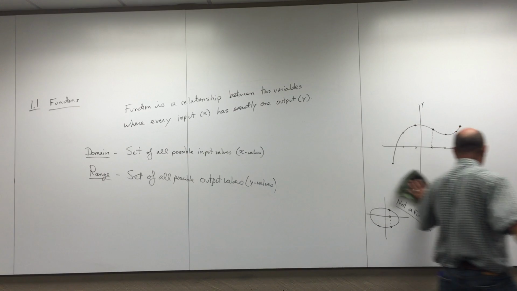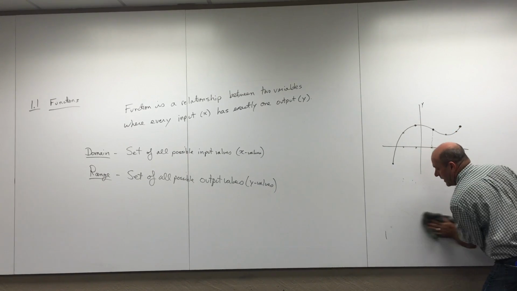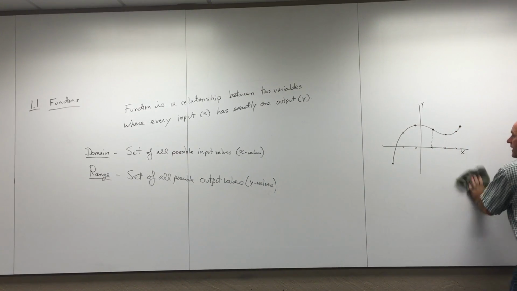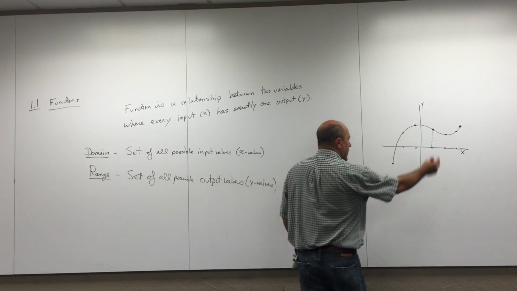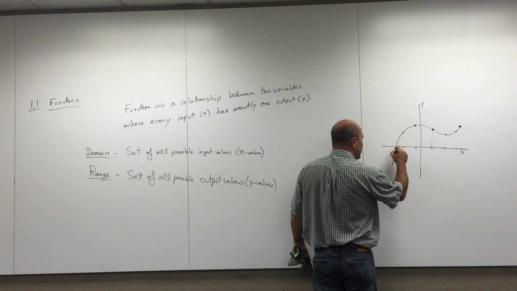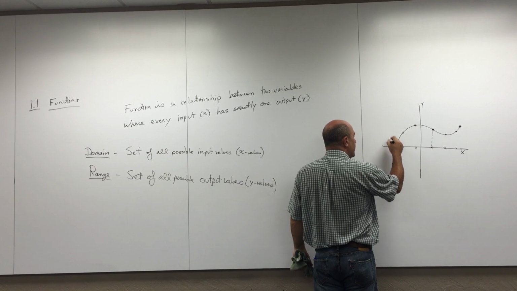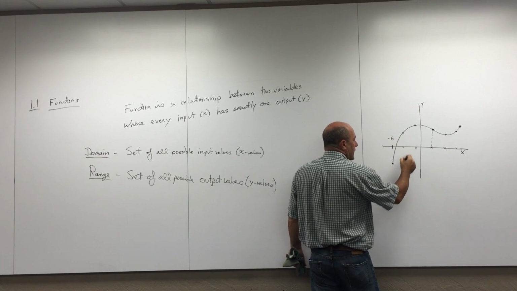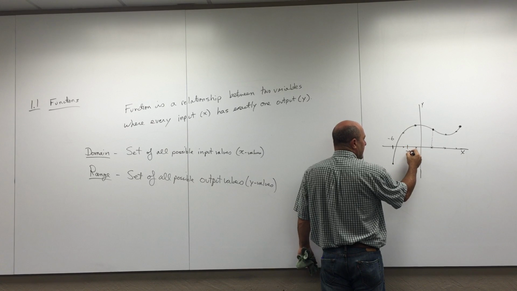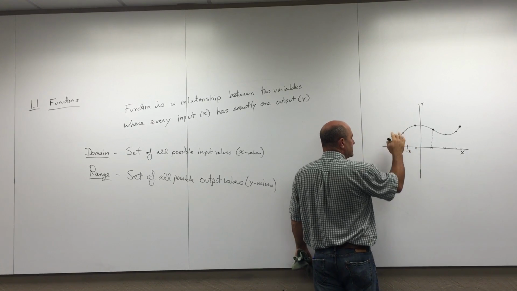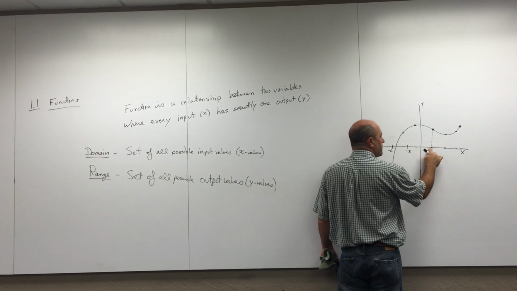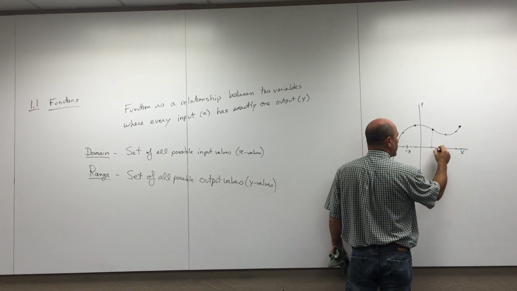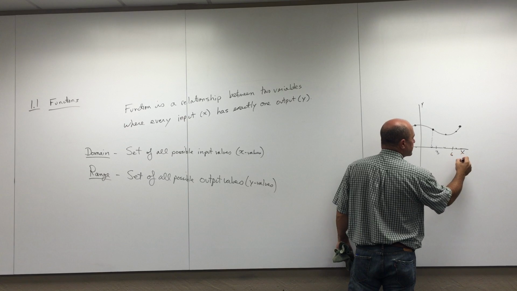Take a look at this picture. I had this picture here, and I'll just keep it here, but I'll put some labels on it now. Let me label this place over here -6. So that's kind of -3. Sorry, -6. This is on the x-axis. 3, 6.